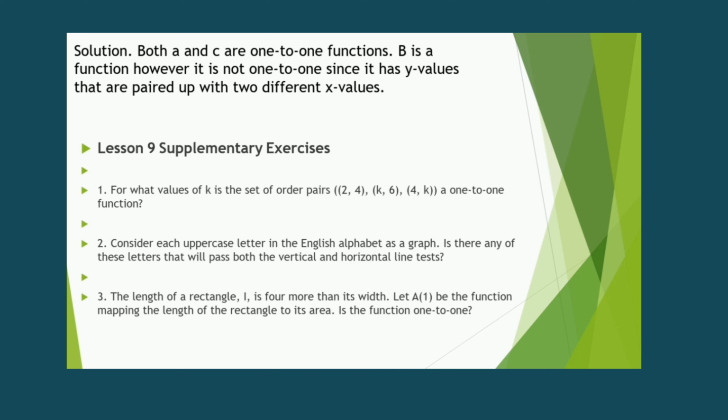Lesson 9 Supplementary Exercises. Number 1. For what values of k is the set of ordered pairs (2, 4), (k, 6), (4, k) a one-to-one function? Number 2. Consider each uppercase letter in the English alphabet as a graph.